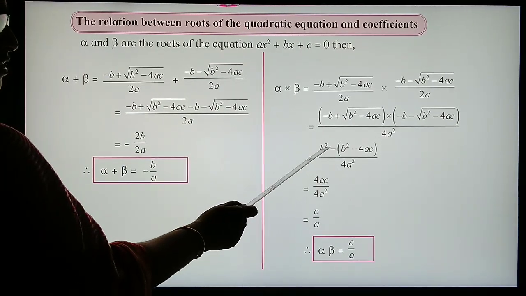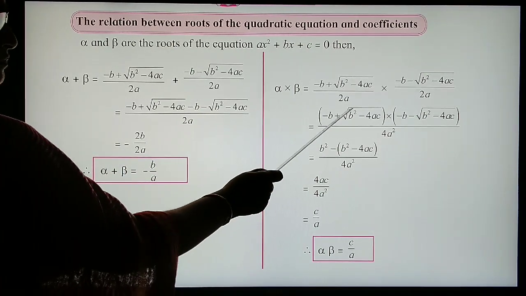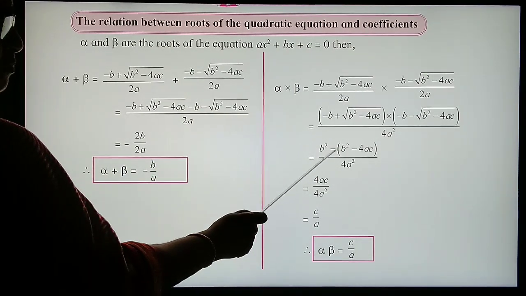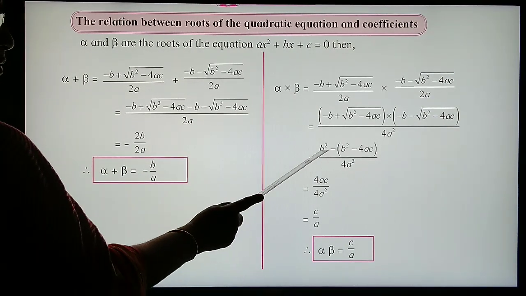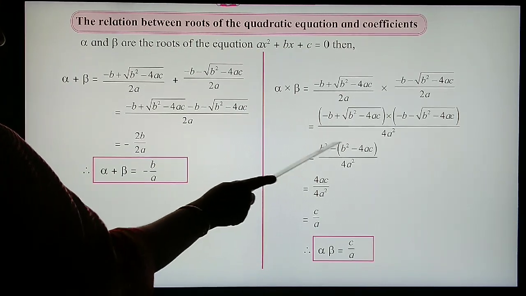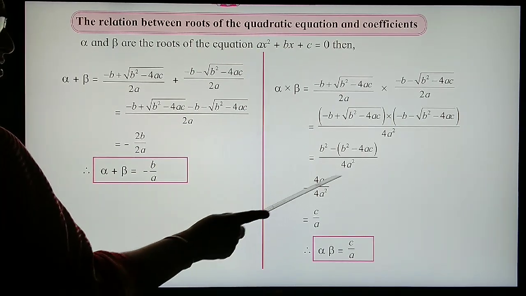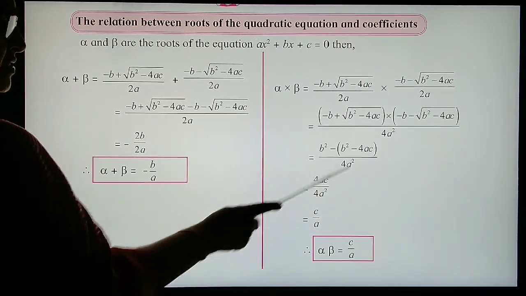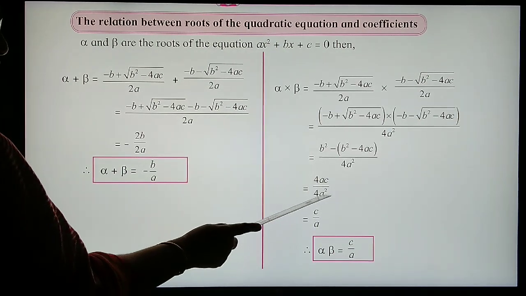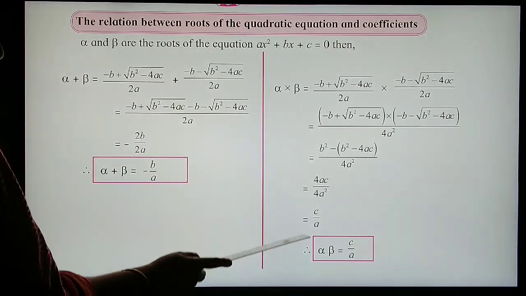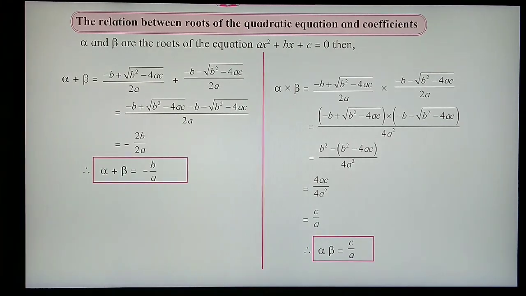So minus b square minus the square of the root; the square root is removed. So minus b square minus b square minus 4ac, over 4a square. Opening the bracket, b square minus b square cancels, and minus minus becomes plus, so we get 4ac upon 4a square. The 4 cancels and one a cancels, and we get c upon a. So alpha into beta is equal to c upon a.